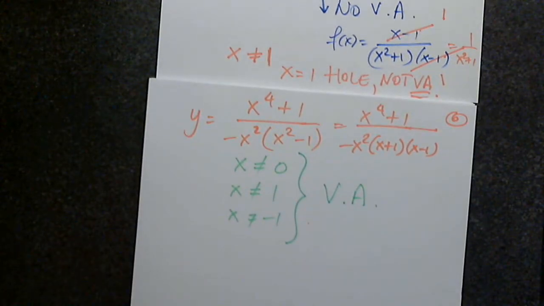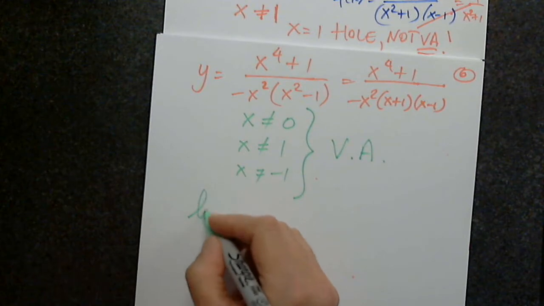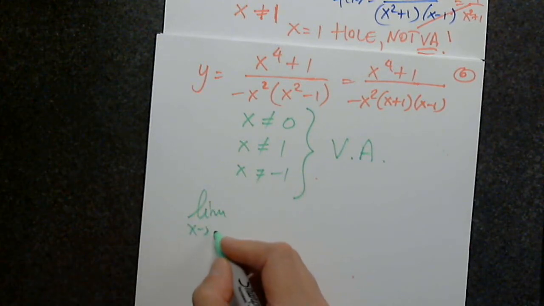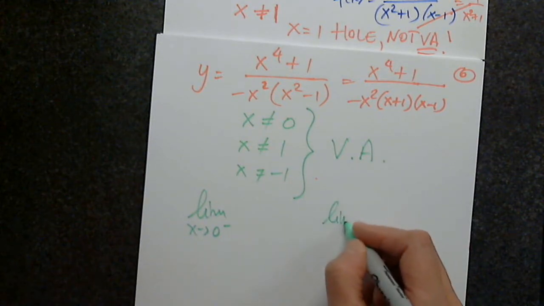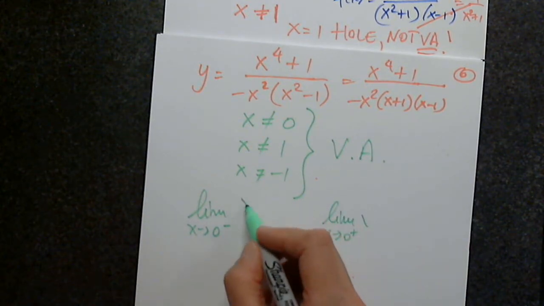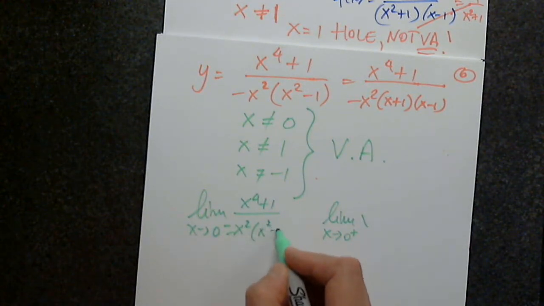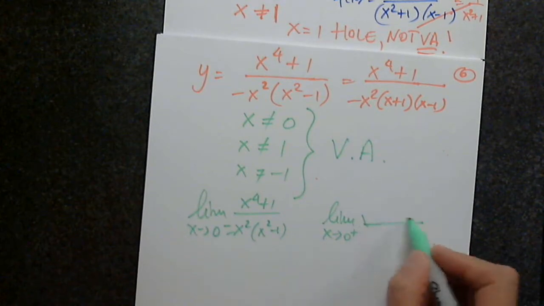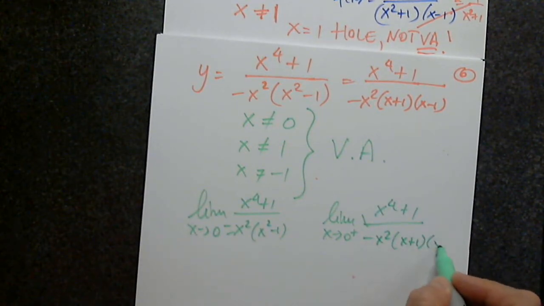You will see that this is not enough. I have to find the limits, left and right. I know the answer is correct. I know it's a vertical asymptote, but I still have to find the limit as x approaches 0 from the left, and the limit as x approaches 0 from the right, of the function x to the 4th plus 1 over negative x squared, x plus 1, x minus 1.